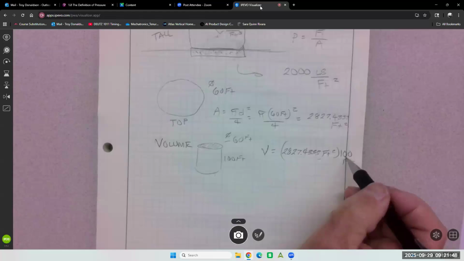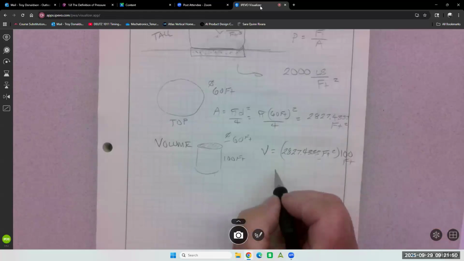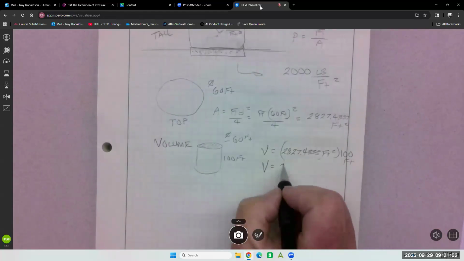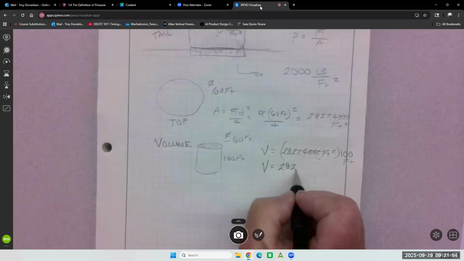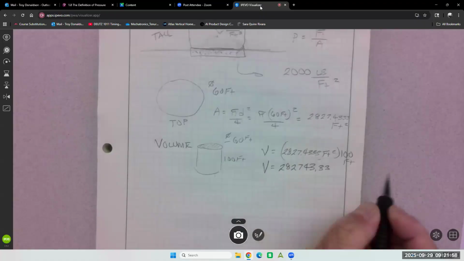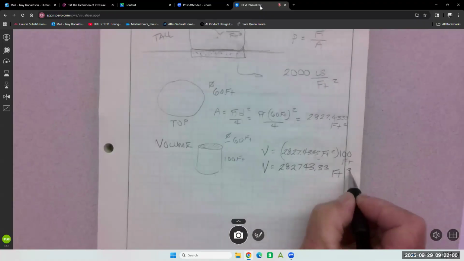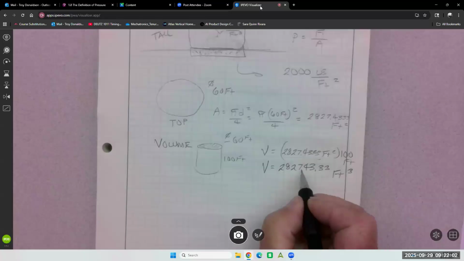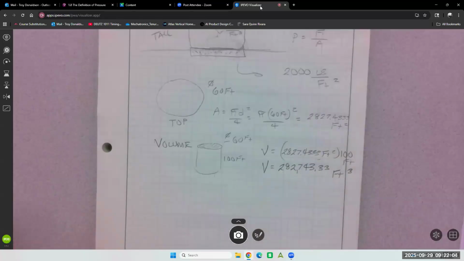That's just moving the decimal point 2 places. So volume equals 282,743.33 feet to the third. 1, 2, 3, 282,000. It's a lot of volume. It's a lot of water. It's a big water tank.